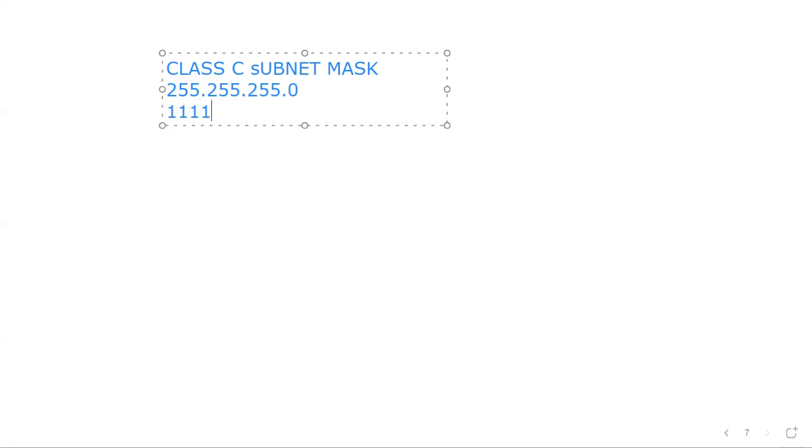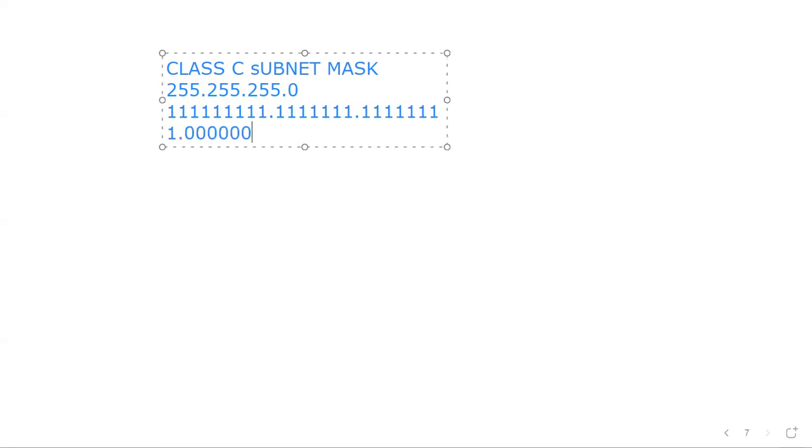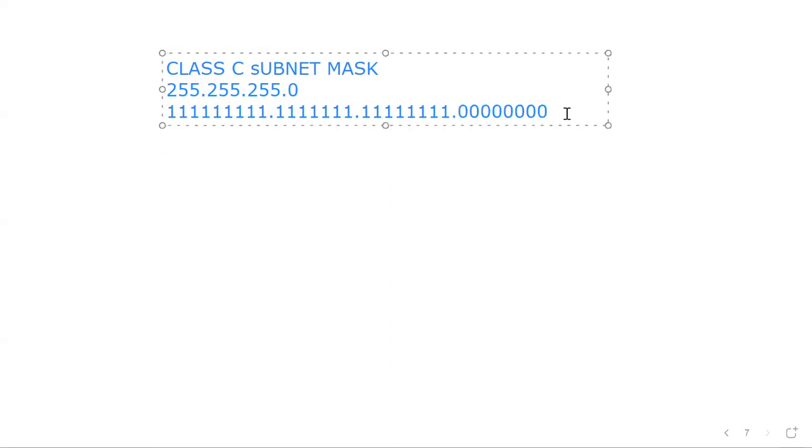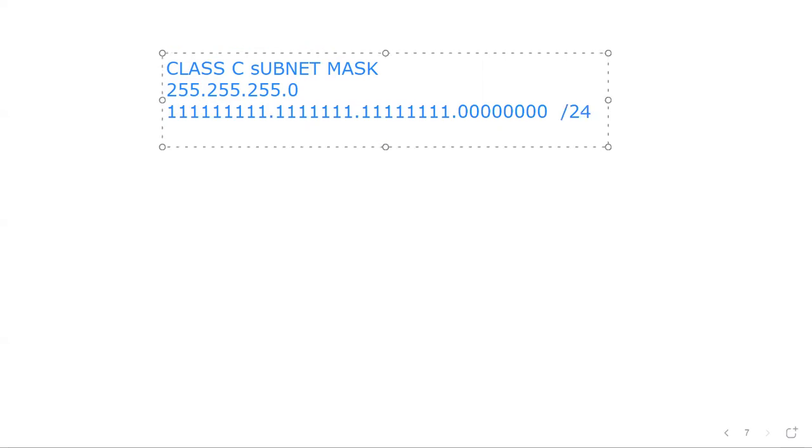So we can write this like this: how many 1s? 24. So we can write /24, the number of network bits.